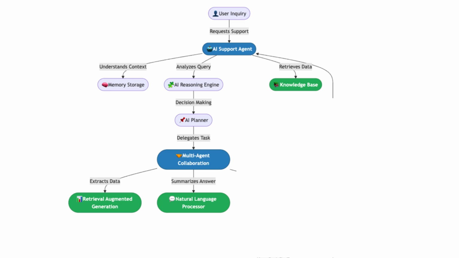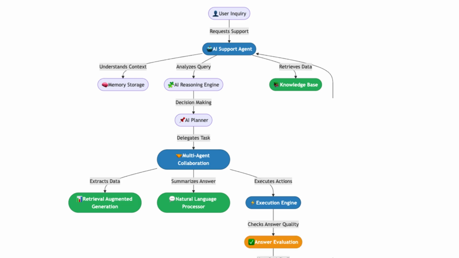Second, it can use natural language processing, the NLP, to understand what the user is trying to say and summarize it. And third, it can go to the execution engine to check whether the reasoning data or response the AI support agent has come up with matches the expected quality.